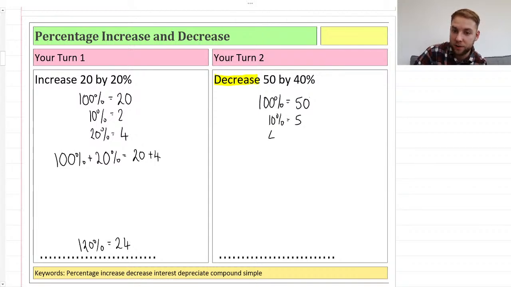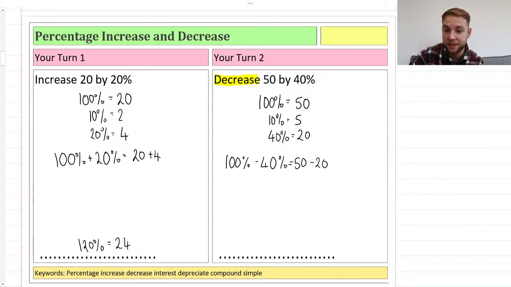I need to decrease by 40%. So I need 40%, which is going to be that times by 4, which is 20. And then to decrease by 40%, it's going to be 100% minus 40%, which is equal to 50 minus 20. So 100 minus 40% is 60%, that's what we've got now, is equal to 30 there. Brilliant.